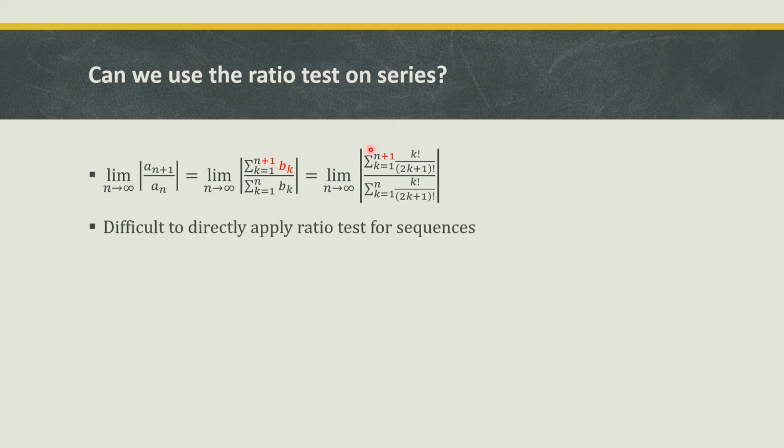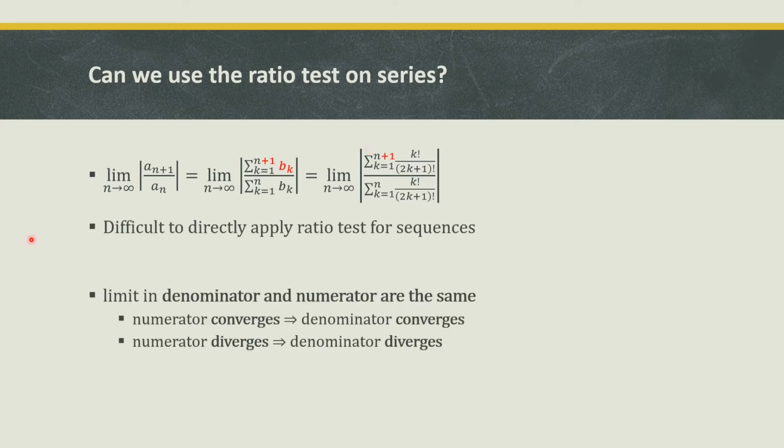However, we can notice the following. The numerator and the denominator are consecutive terms of the sequence. And so as n approaches infinity, if the numerator converges, then the denominator must also converge, right? Because they are consecutive terms.